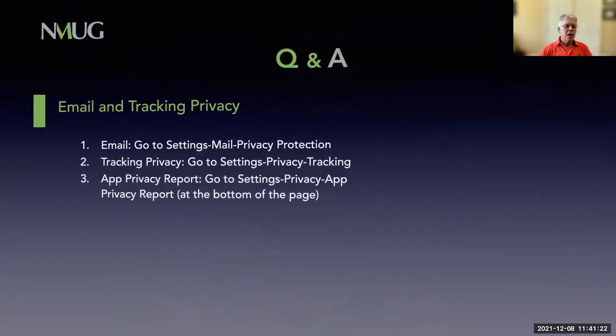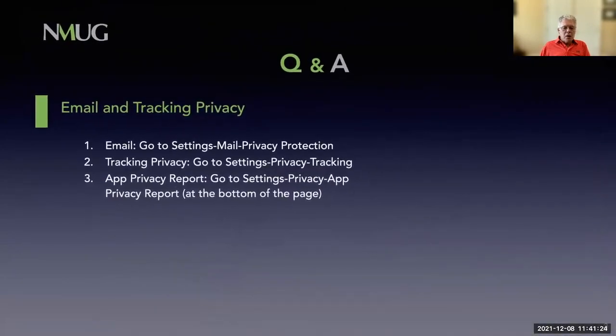So next, one way to protect yourself is with email and tracking privacy. To set up email privacy, you go to settings, go to mail, and then turn on privacy protection. And I hope to show that, and that's real easy.